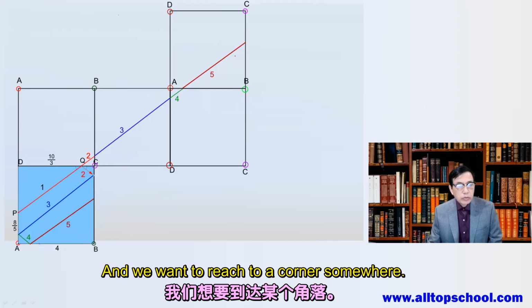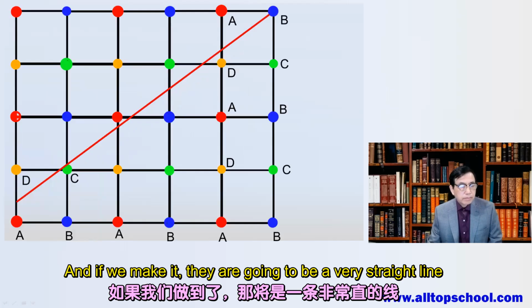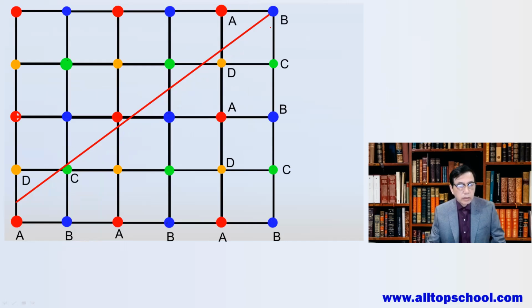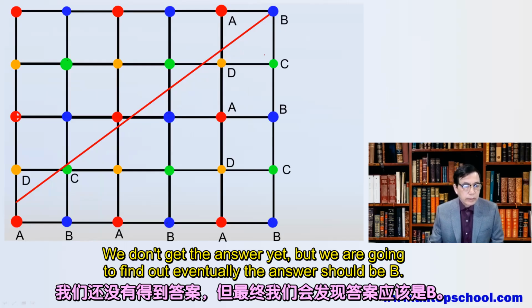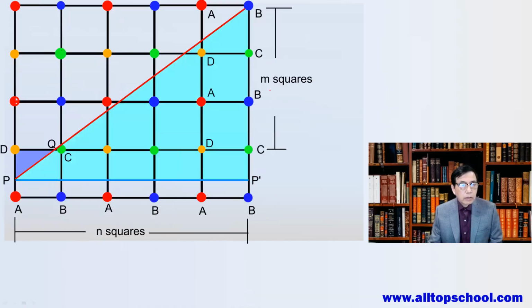And then we want to reach a corner somewhere. If we make it, that's going to be a very straight line from the point P all the way to the ending point, whatever the vertex is. We don't have the answer yet, but eventually we'll find it.